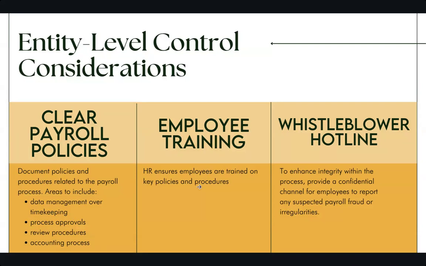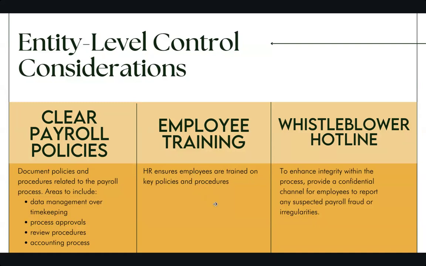So to make sure that HR employees are aware and are knowledgeable about the key policies. So once they're documented, making sure that someone on staff has adequately trained employees within the process around the key steps and procedures to be implemented.